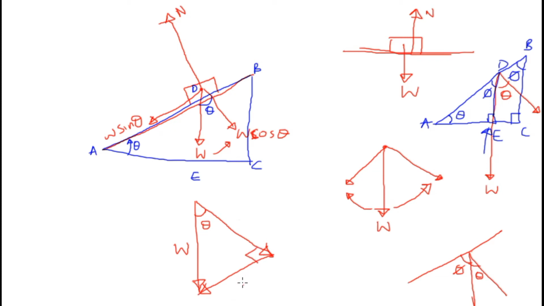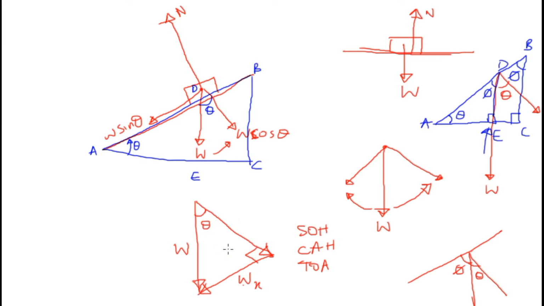In order to find the horizontal component, let's say this is the horizontal axis with symbol WX, I can make use of SOHCAHTOA. From SOHCAHTOA I have the one that connects the opposite side, and this opposite side WX is opposite to angle theta.